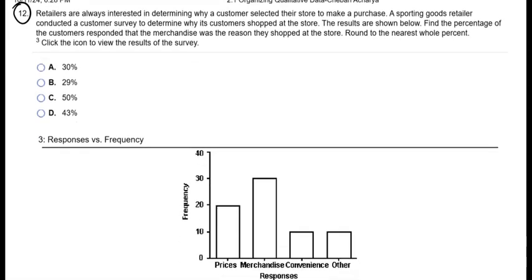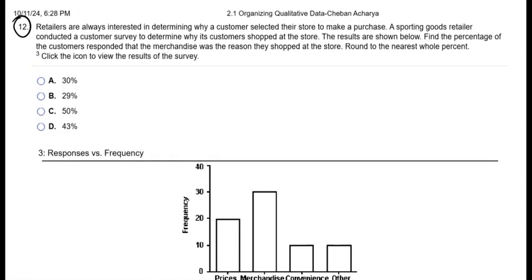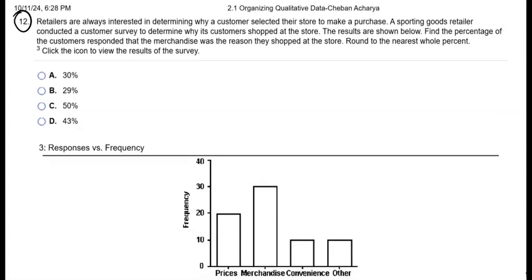So you're looking for a percent. To find the percent, you have to find the proportion. So to find the proportion, how many total are in the survey? Let's see, because of prices, there are 20 people. Because of merchandise, 30 people.